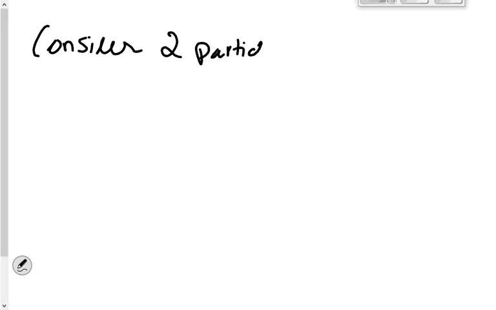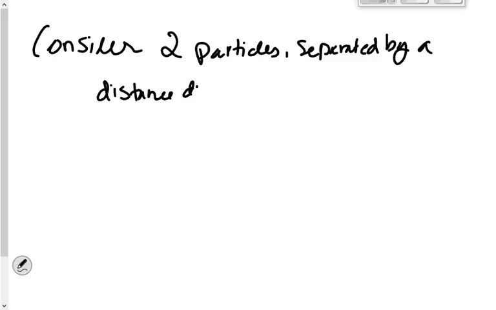So let's figure out how we would talk about this. We're going to start with a very simple system. We're just going to consider two particles separated by a distance d. And of course, because this is a science class, I'm going to put them on an axis.